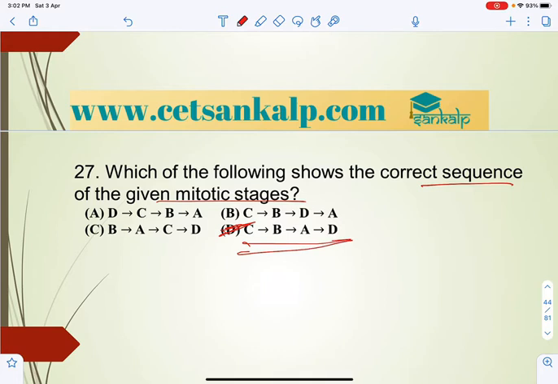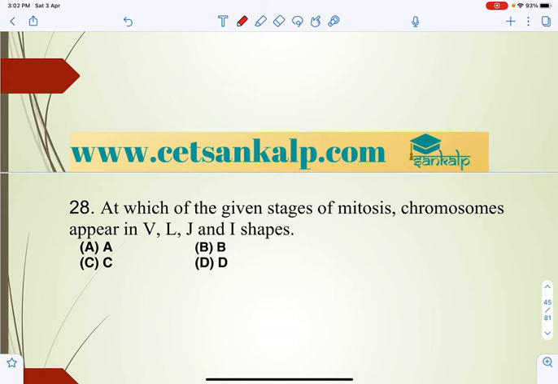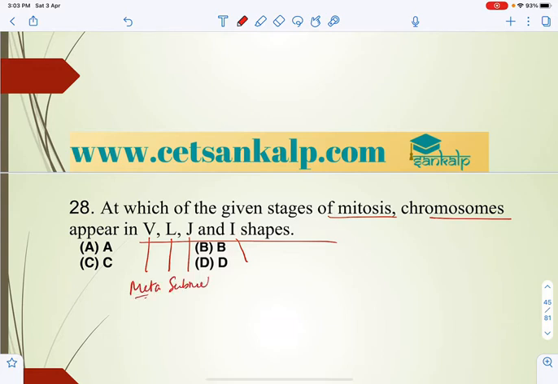So CBAD, where exactly the alignment takes place. And next, at which of the given stages of mitosis do chromosomes appear in VLJI shape? Generally we know that in VLJI shape, V is metacentric, L is submetacentric, J is acrocentric, and I is telocentric.